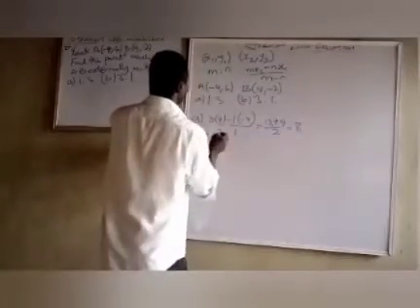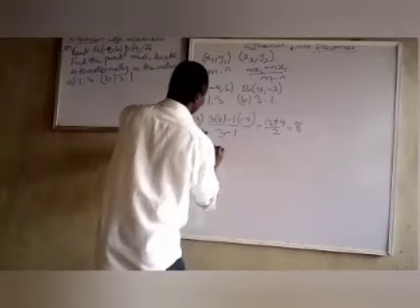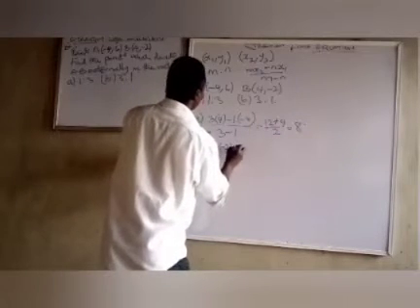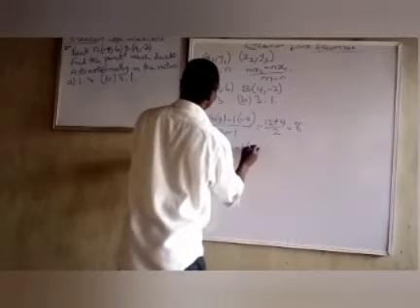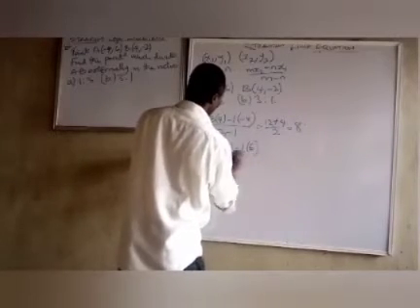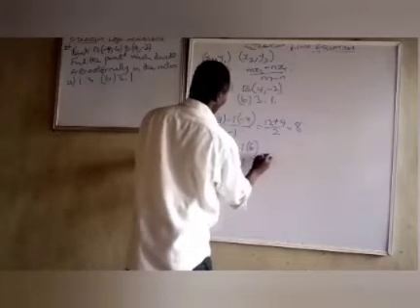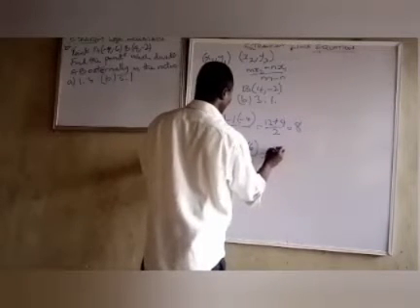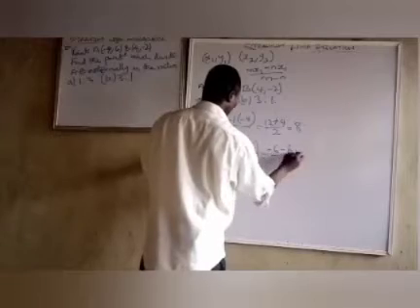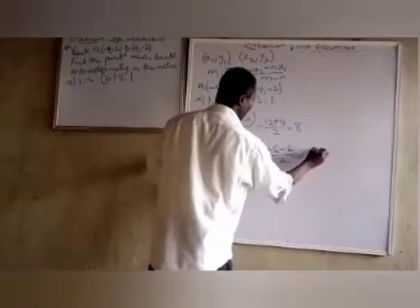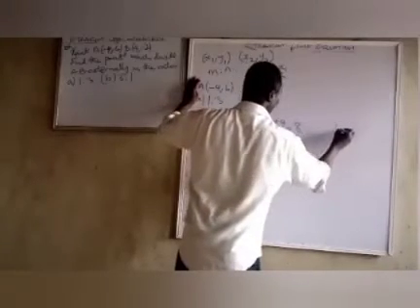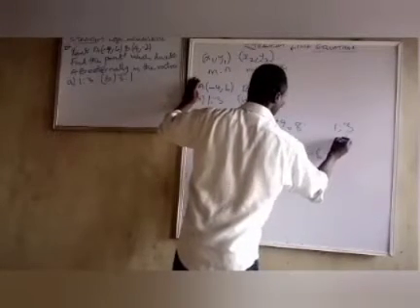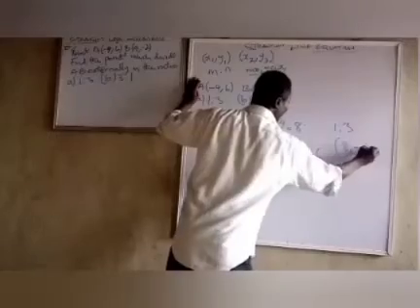For the y, we are going to have 3 into minus 2 minus 1 into 6 over 3 minus 1. So that is minus 12 over 2, that will be minus 6. So for the first part, in the ratio 1 to 3, our coordinate is going to be 8, minus 6.